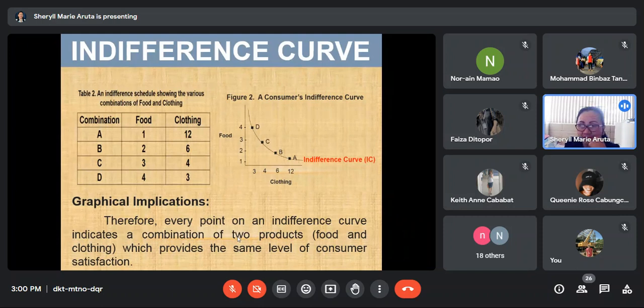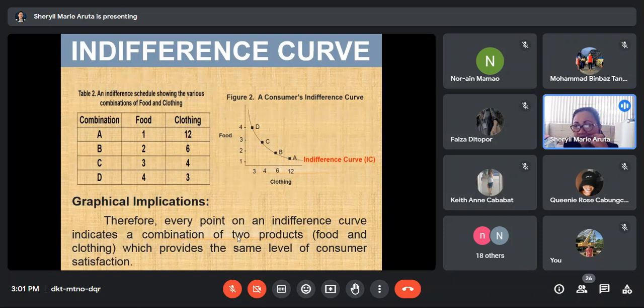So for Peter, he can have an option C, no? To increase his food to 3, his clothing decreases. But the same level of satisfaction. Or he can choose letter B. He decreases his clothing to 6 to increase his food to 2.